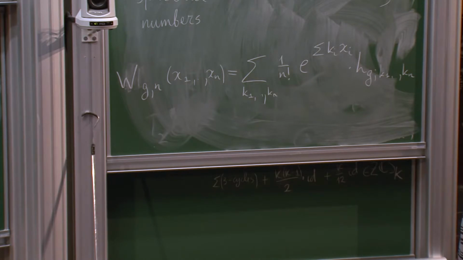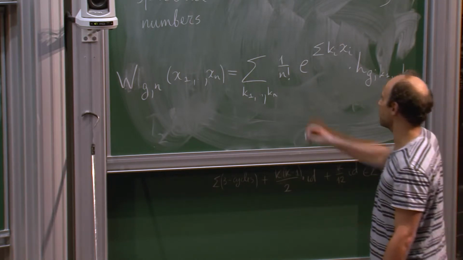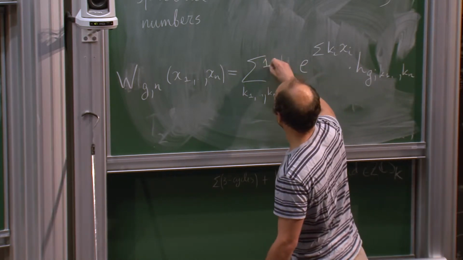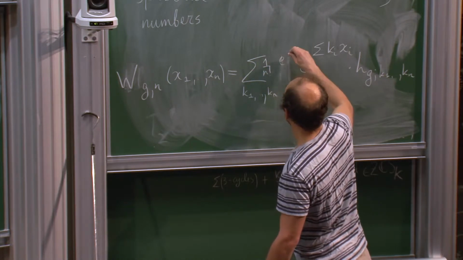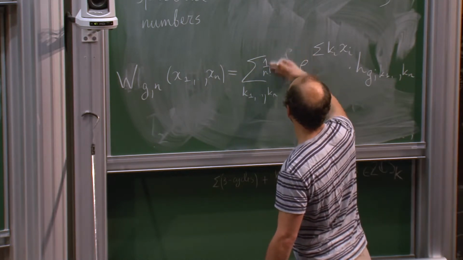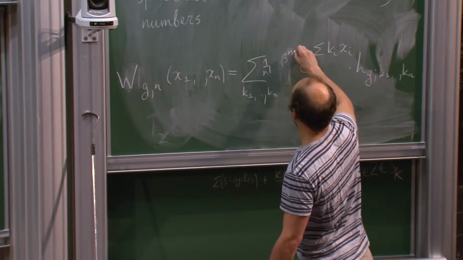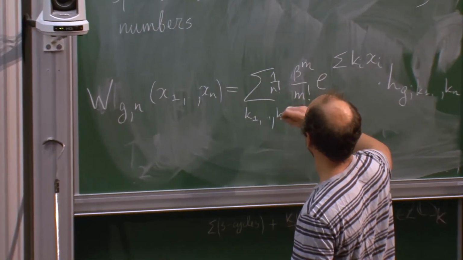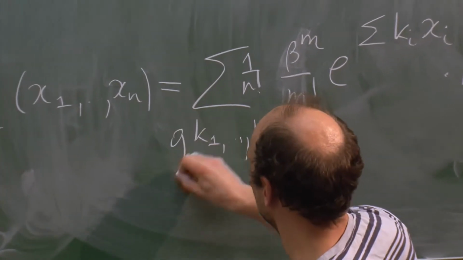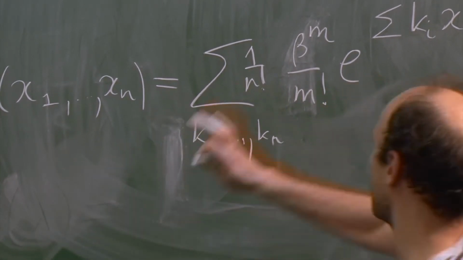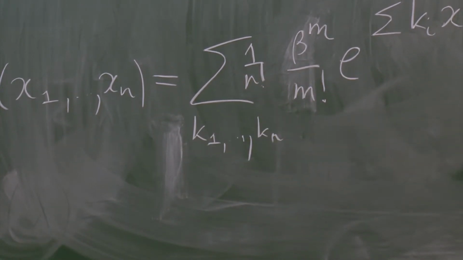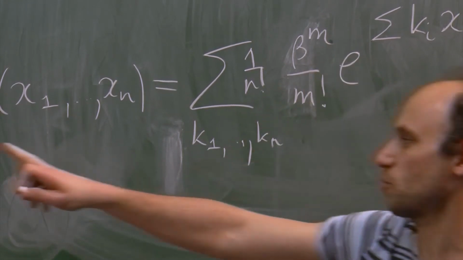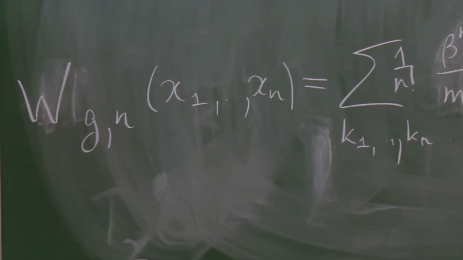And also I forgot the e to the beta to the m over m factorial. So here I also should sum over, no, yeah, okay. And again, m here is expressed from this genus.